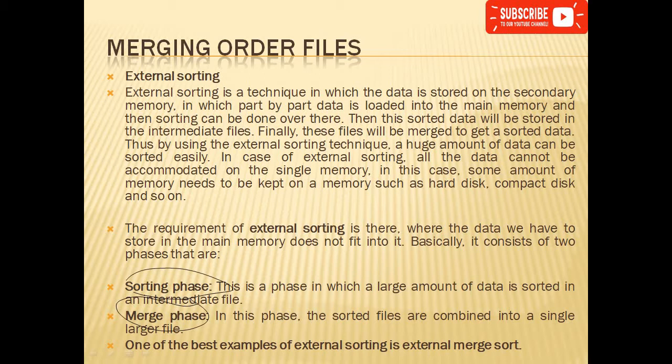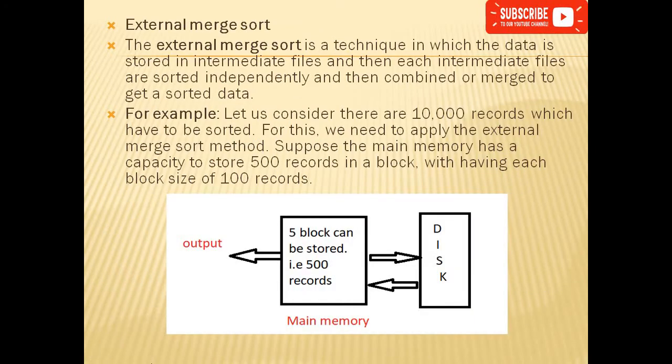So the best example for external sorting is external merge sort. External merge sort will work similarly to what we discussed. Here in external merge sort, data is stored in intermediate files.